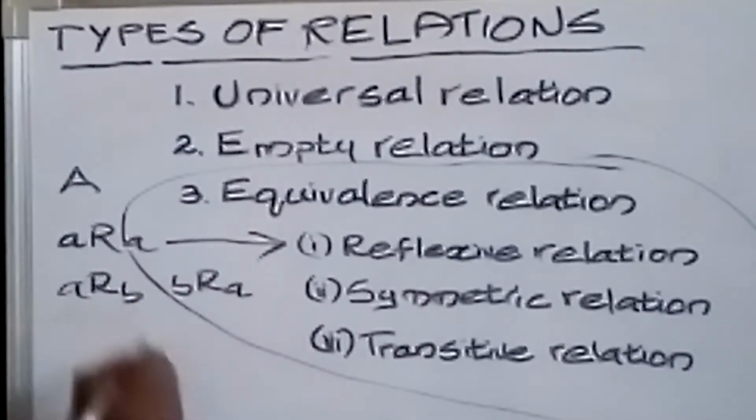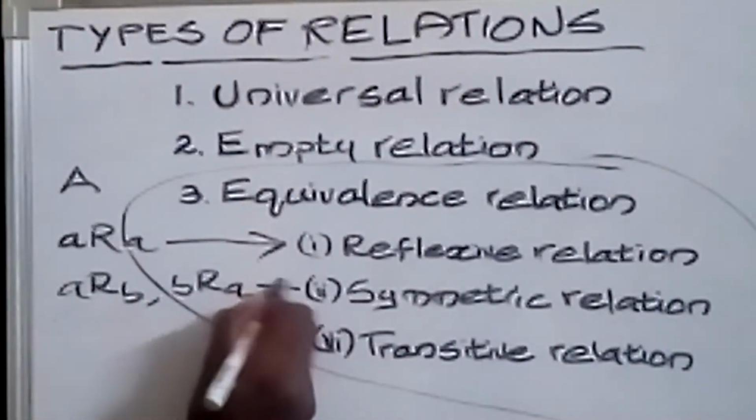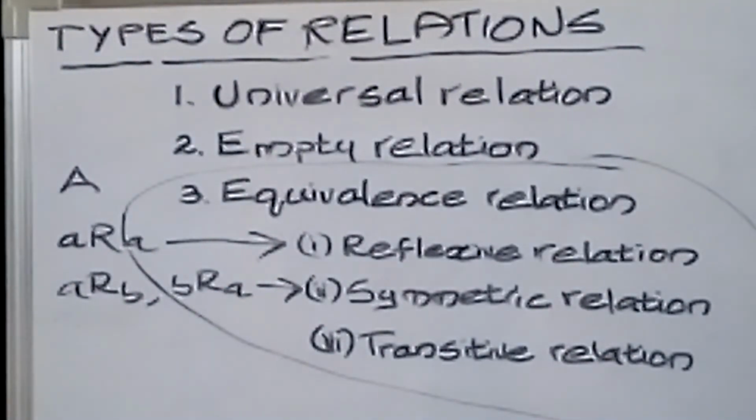When a is related to b, then b is related to a, we say it is a symmetric relation. Thus, the definition of a symmetric relation is that when the element a is related to b, then the element b should be related to a.